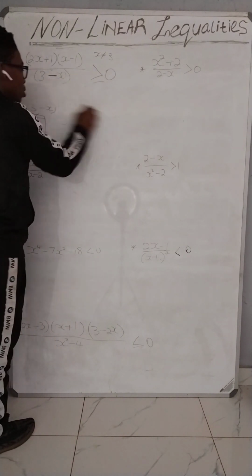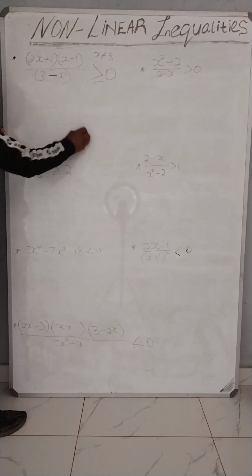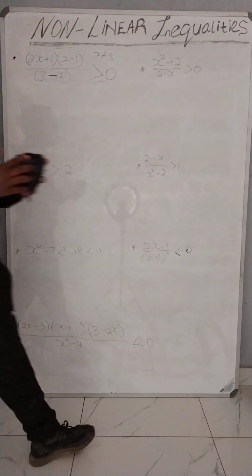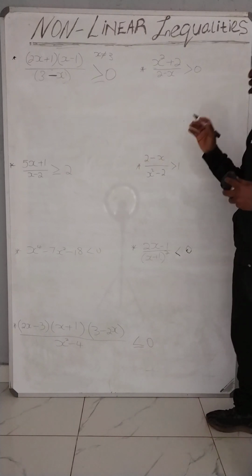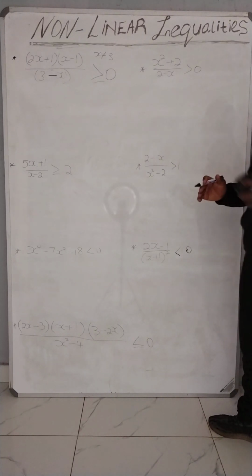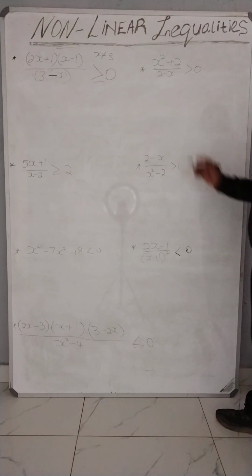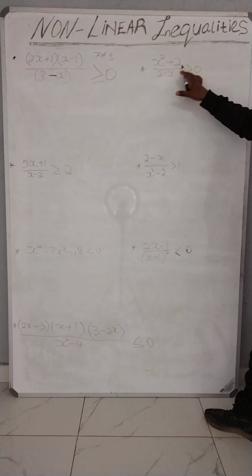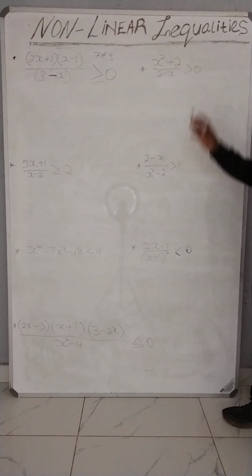Now please walk with me until we finish all these examples, because in each of them there is a lesson to be learned. They are not the same and therefore require different attention. They're very tricky. Now, on this one: x squared plus 2 divided by 2 minus x is greater than 0.